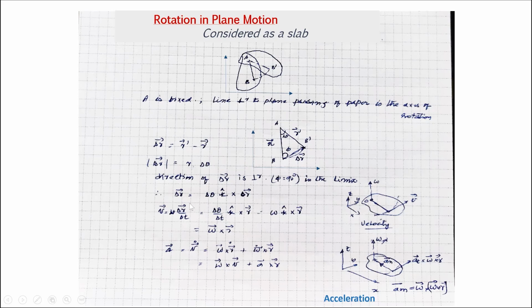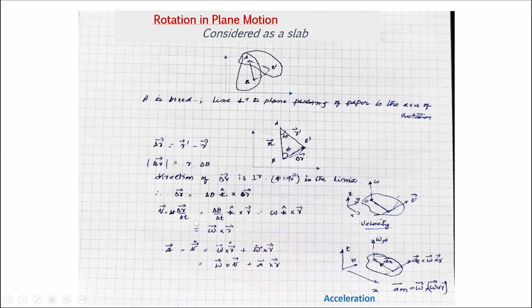So the delta R can be written as delta theta times K cross R. Sorry, this is not delta R, it is R. Okay, delta theta K cross R. And this is what we have done in the beginning also. So this is about delta R.